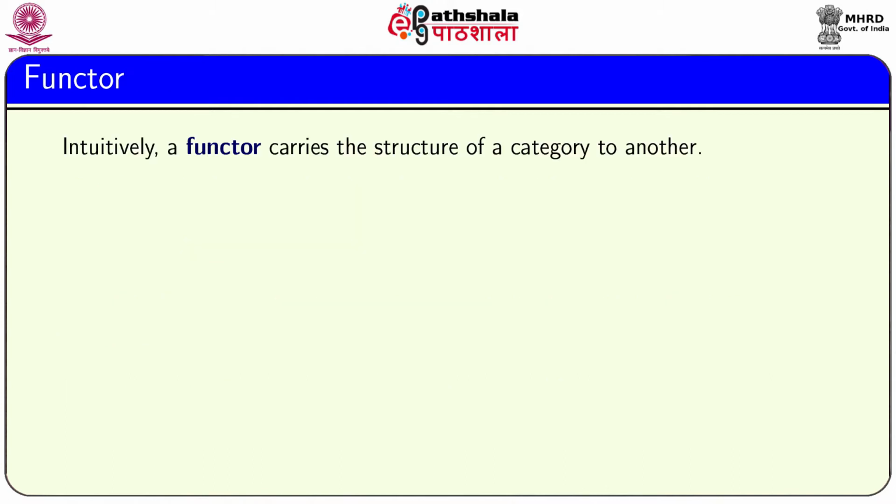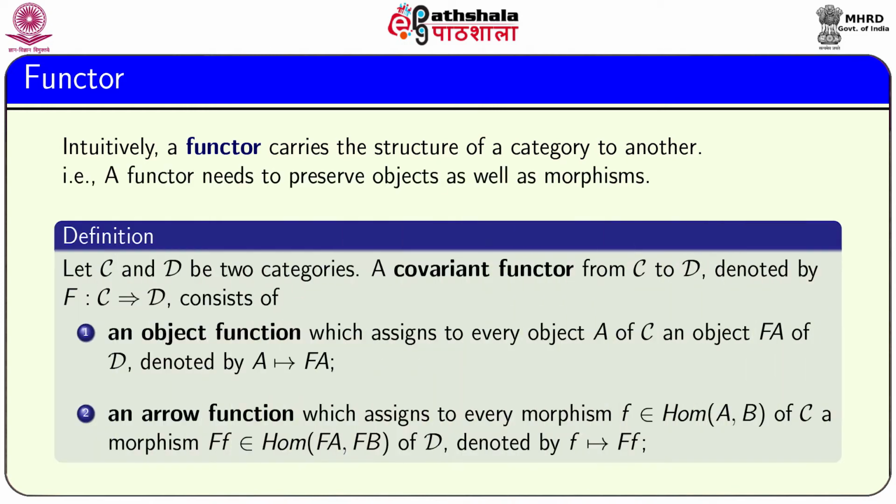Now, we try to visualize what we mean by a functor. Intuitively, a functor carries the structure of a category to another. That means a functor needs to preserve objects of the categories as well as the morphisms. Now, let us try to formalize this intuitive understanding.